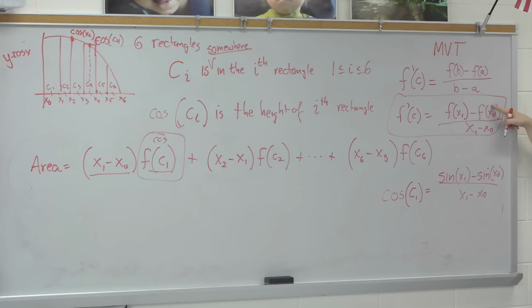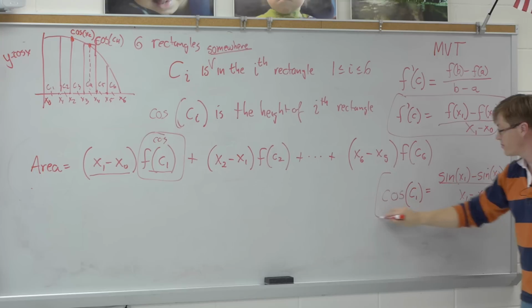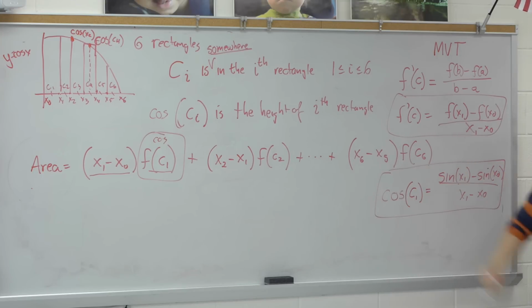Sine. f is sine. So I applied MVT not to cosine. I bumped it up, antiderivative. I applied MVT to sine. Is cosine of c1 the same as f of c1? Right, because cosine is my function. So I can plug that right in.